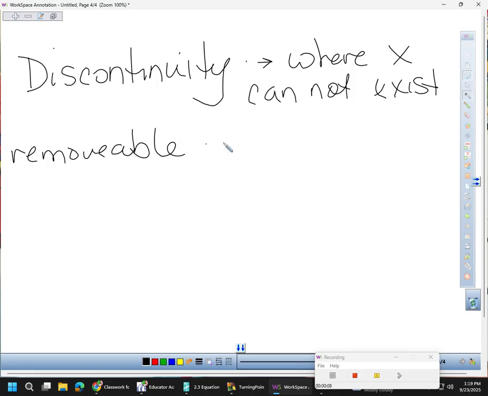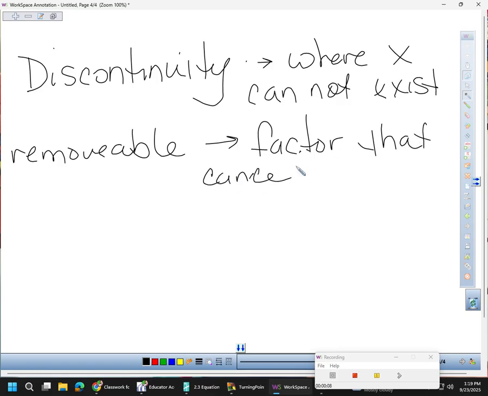Who remembers what that is? It is a factor that cancels and makes a hole. Do we remember that one?